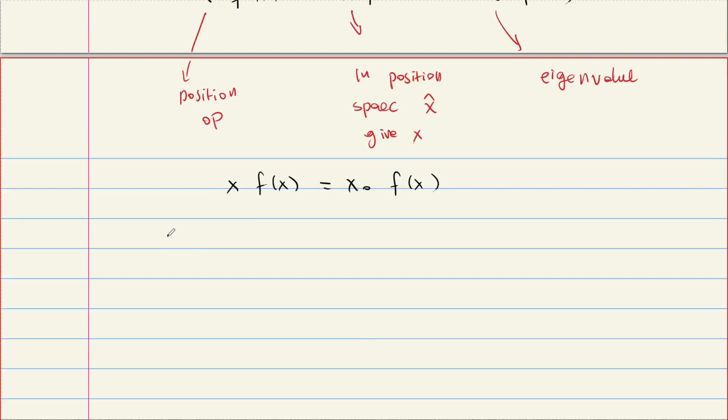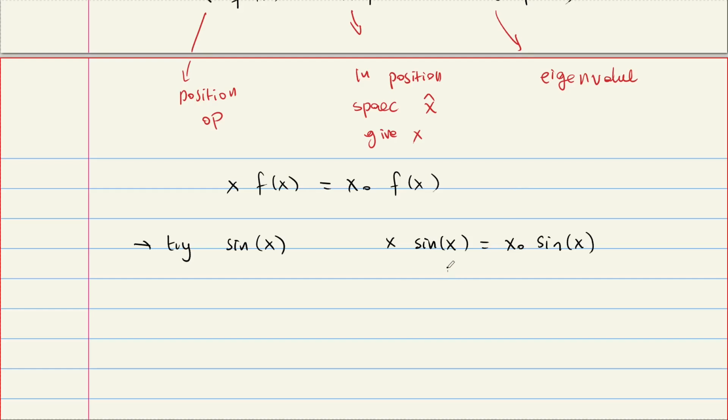For example, let's try sine of x. x sine of x is equal to x naught sine of x, and it seems like it is giving me x is equal to x naught. It's a little bit constrained equation, right? It is not exactly what I want.